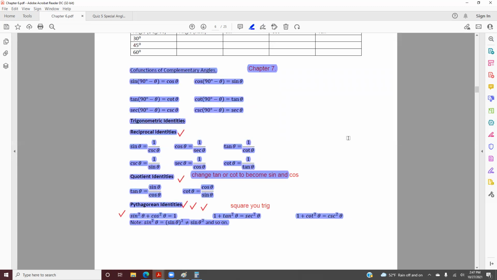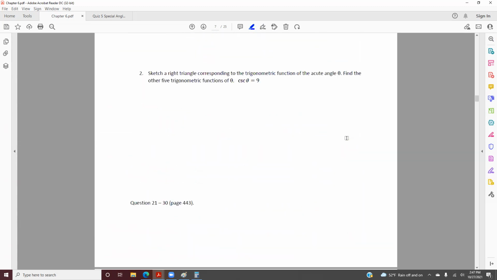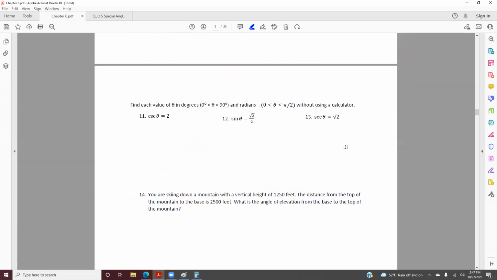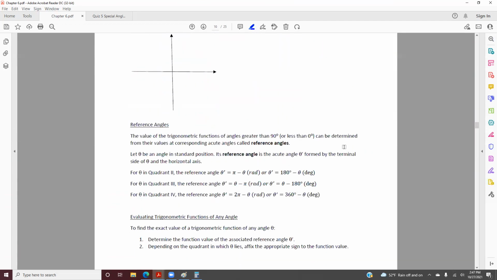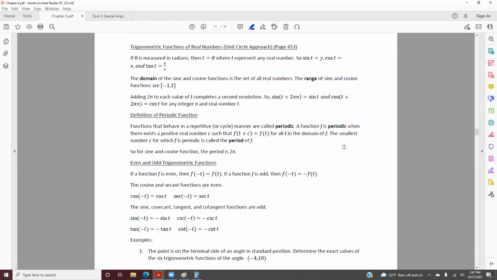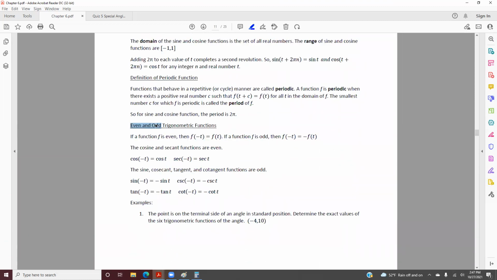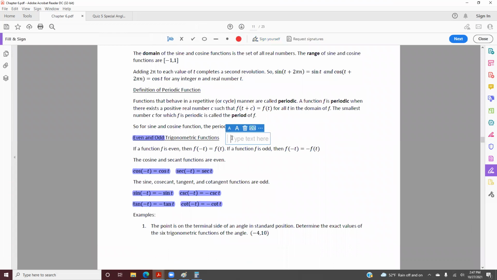Another important thing is in 6.3, we call that your even-odd functions. These even-odd trigonometric functions are used for negative angles, when you want to change them to become positive angles.